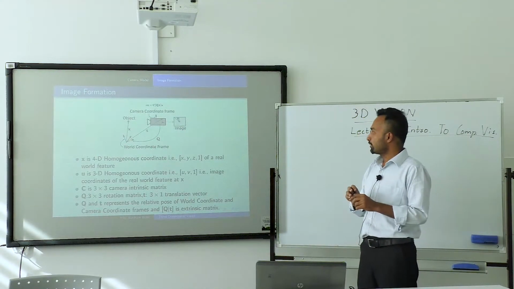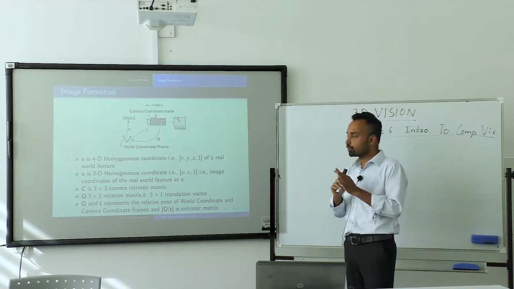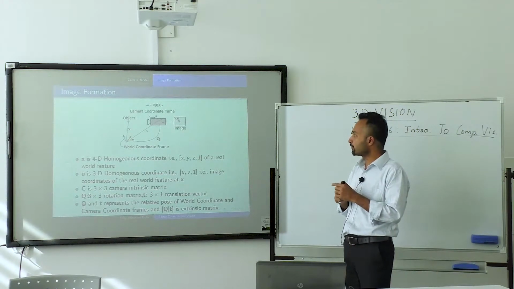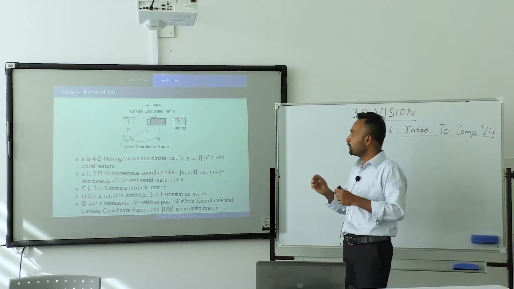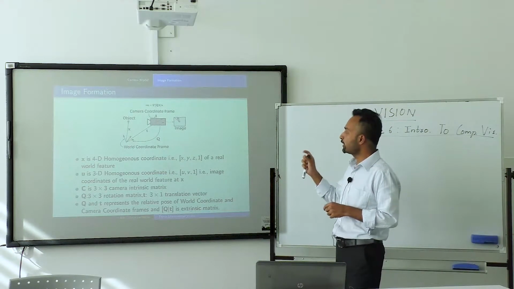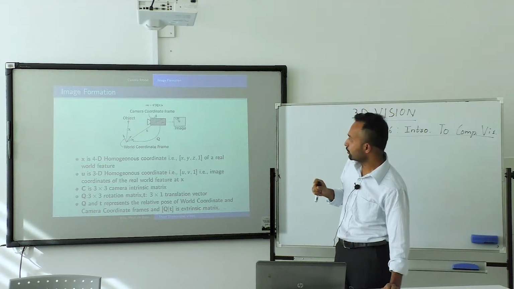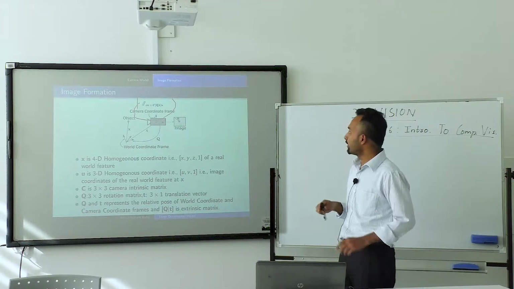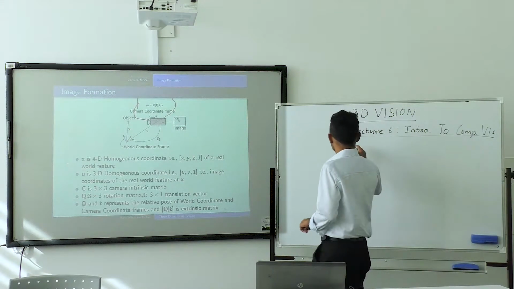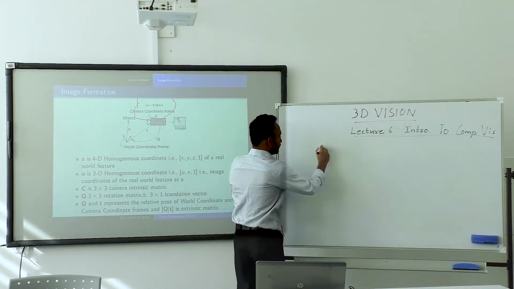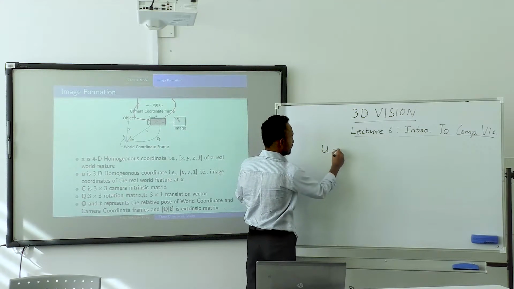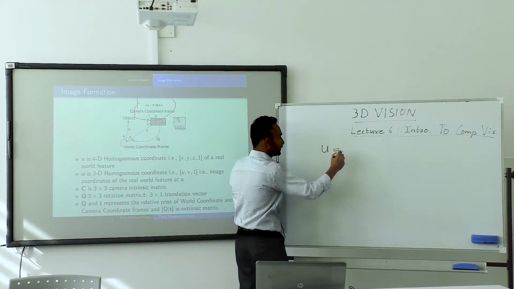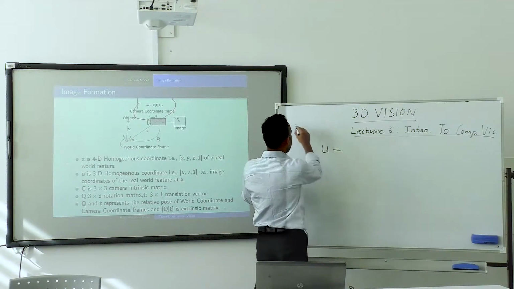So if you have understood some basic concepts of importance of 3-dimensional information, now let me talk about image formation in a camera. Image formation is basically represented using this particular equation, where you have a 2D representation of image, a particular point in image.